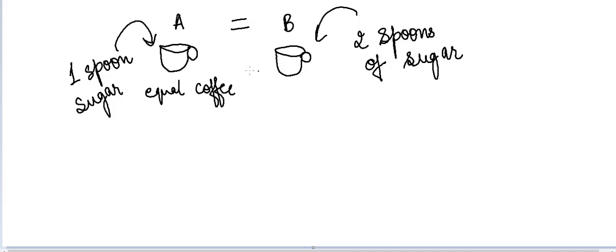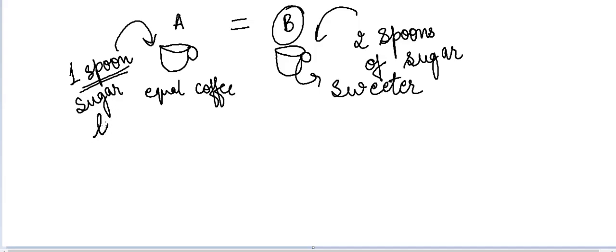We can easily identify that coffee B will be sweeter and coffee A will be less sweet. But how many times? Here the times is very easy.